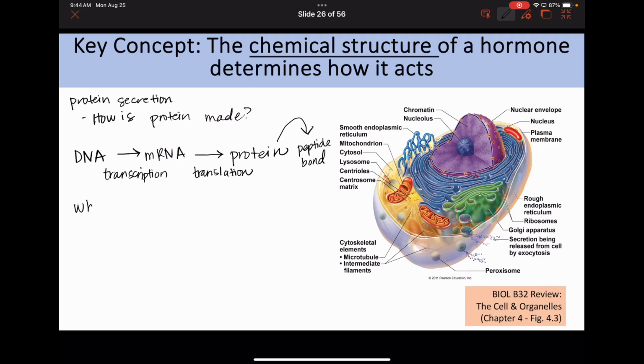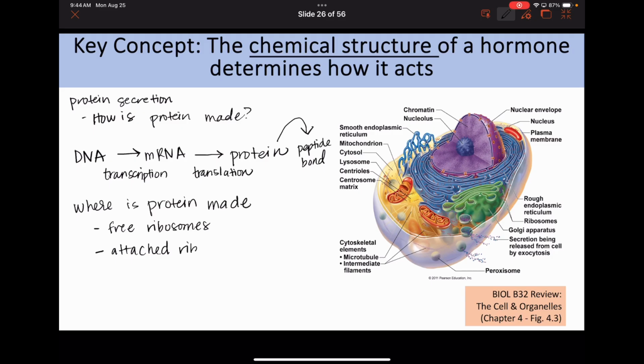And so where are proteins made? Anybody remember which organelle proteins are made at? Ribosomes. Now, we have two types of ribosomes. We have free ribosomes that are free floating in the cytosol or cytoplasm. And then we have attached ribosomes.